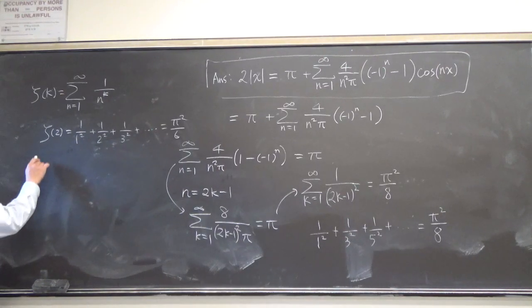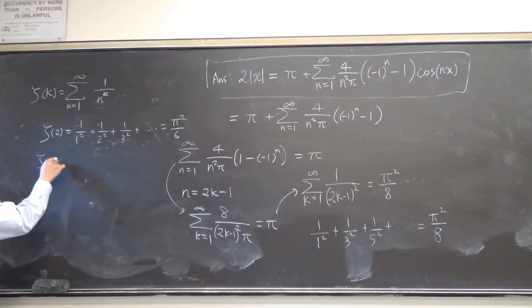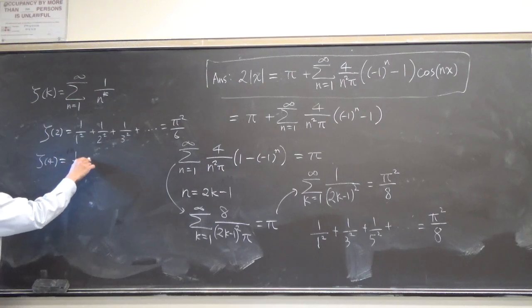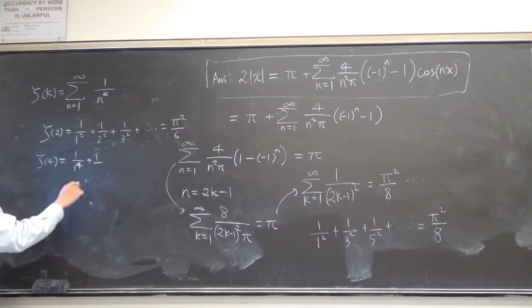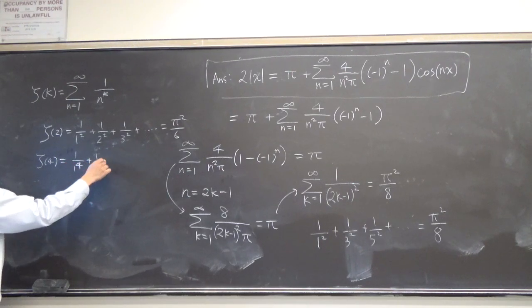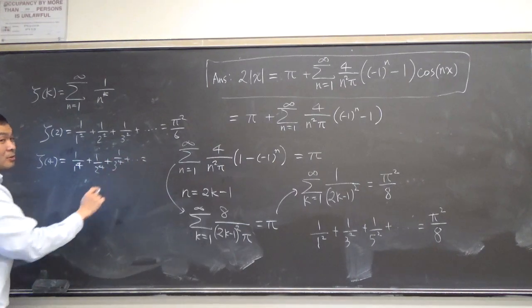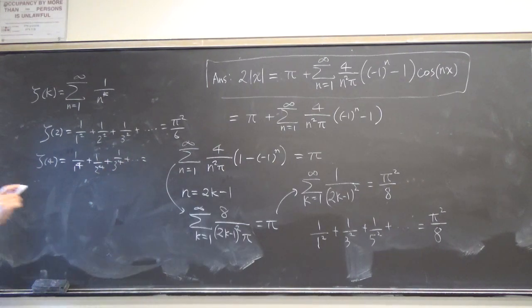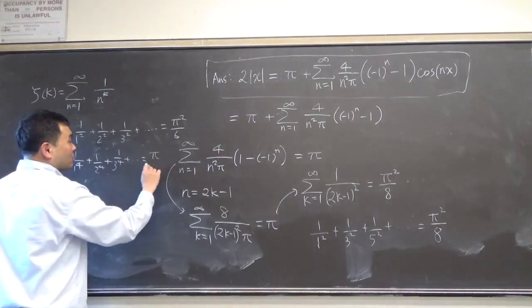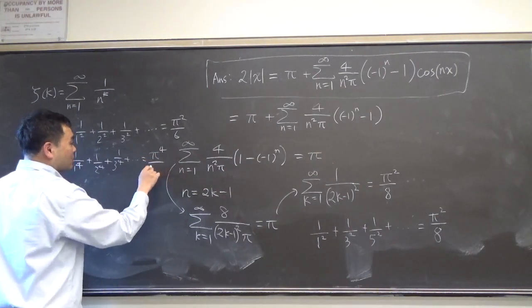And then zeta 4, 1 over 1 to the 4th plus 1 over 2 to the 4th plus 1 over 3 to the 4th, and so on. If you add this, you can show that it gives you pi to the 4th power over 90.